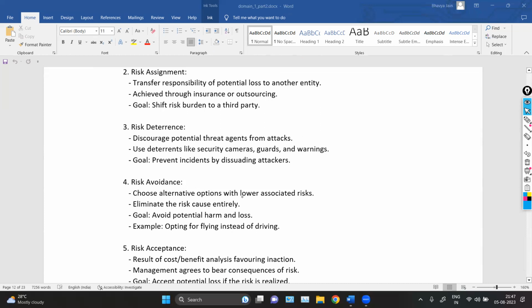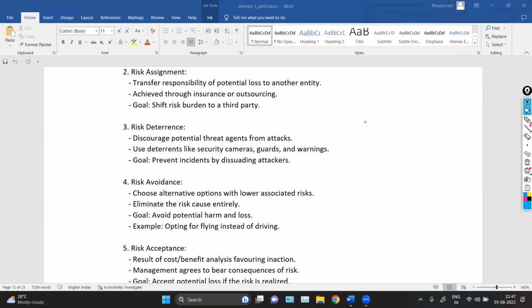Okay, then we have risk avoidance, which is like choosing alternative approaches with lower associated risk. So eliminate the risk cost entirely, avoiding the potential harm and loss. Okay, so this is an example of risk avoidance. Risk deterrence and risk avoidance are almost similar.